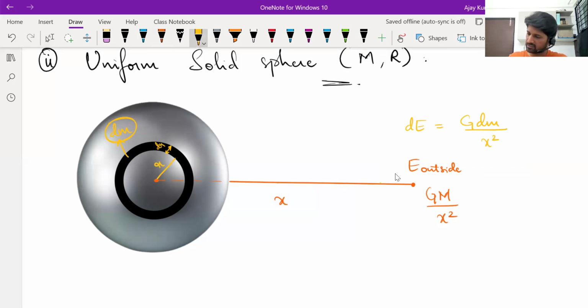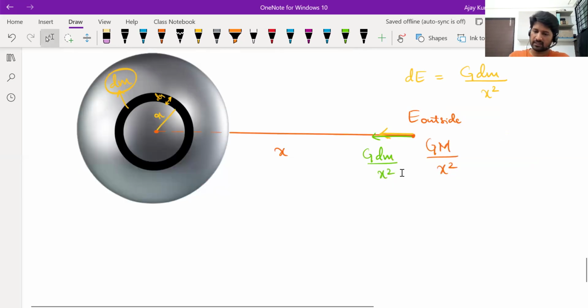Towards the center of this shell, like this. Not just this shell, every shell that you take, the solid sphere is a collection of many shells, will create a field towards its own center, and it will create the same amount of field, G dm by x square.